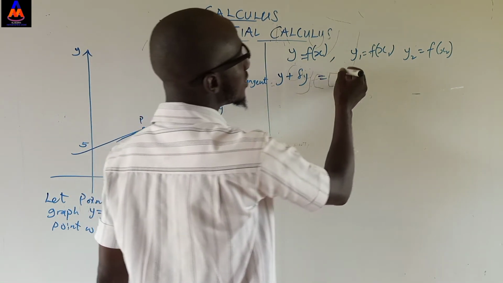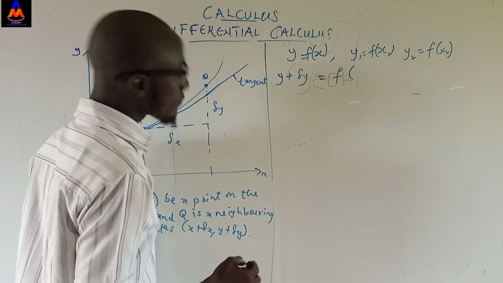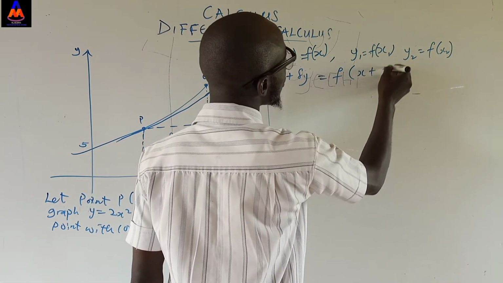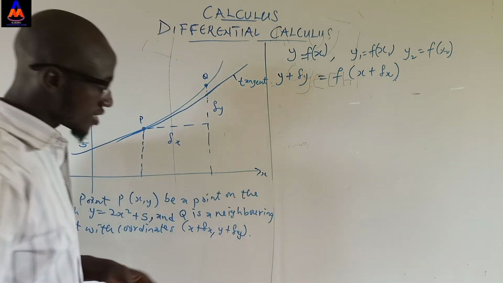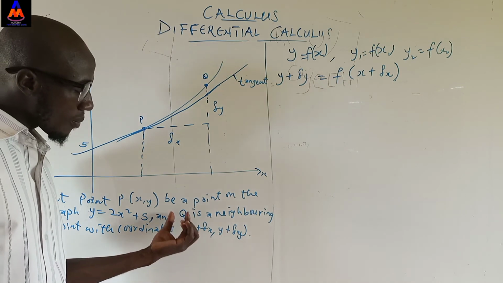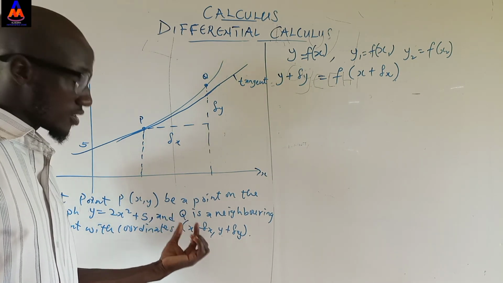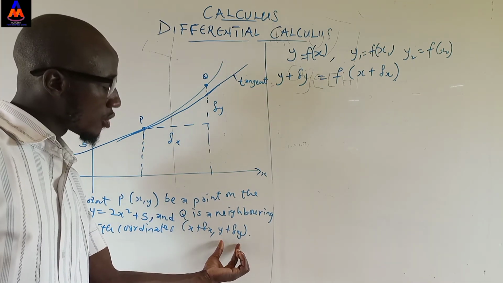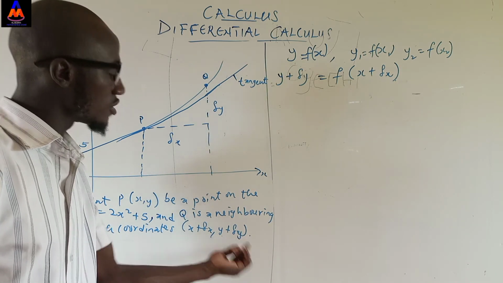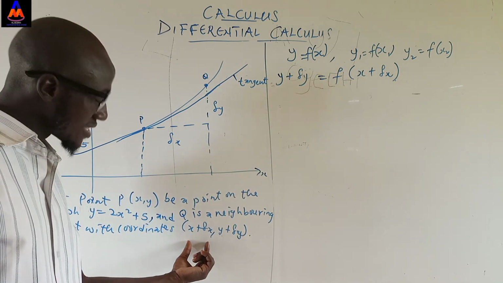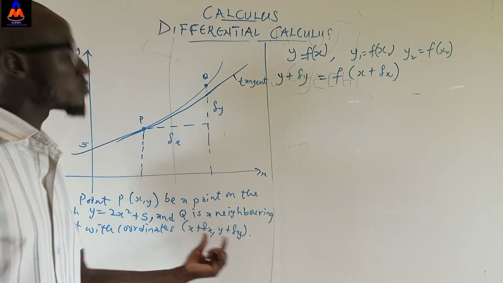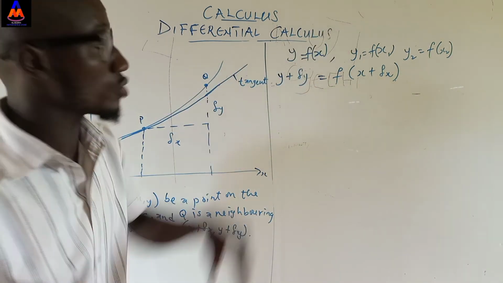it is dependent on f of x plus change in x. What this means is that we are considering this second point, which is my y2, and my y2 is y plus change in y, which is dependent on x plus change in x, based on the expression we have above.